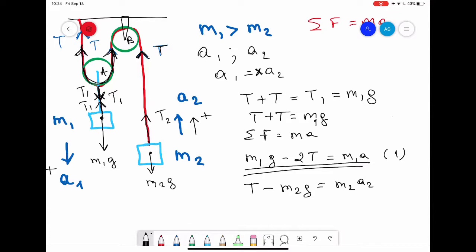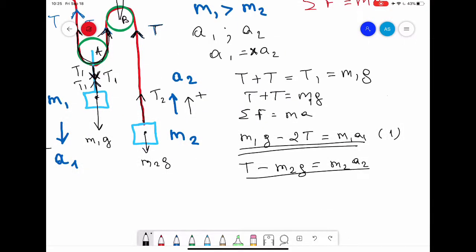You have to keep in mind that, as I said, the accelerations are not equal. For the first mass we call it M1A1, for the second mass we call it M2A2. Now here we have the second equation. Then what do we have to do now?